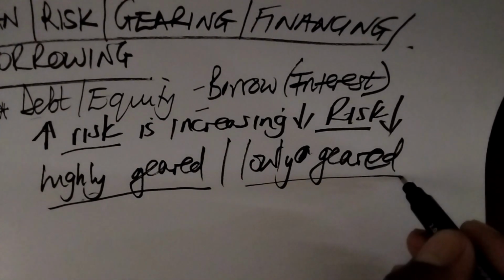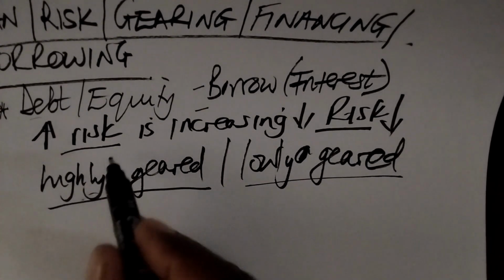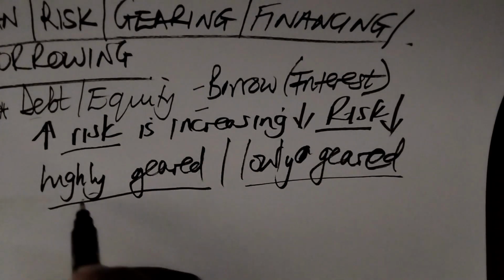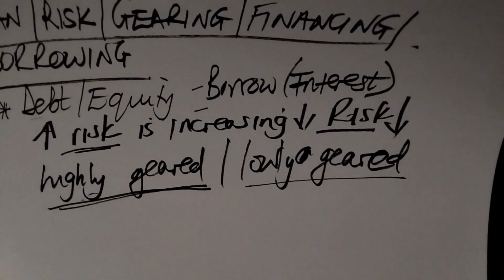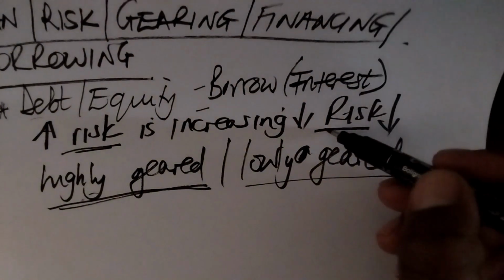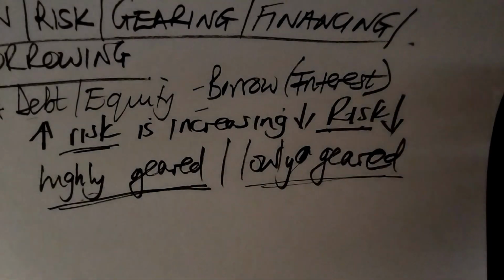If a business is lowly geared, we're saying the majority of the assets that the business has are bought using own capital. So the more borrowed capital you use, the more highly geared you become, and the higher the risk. If you use less borrowed capital, the less the risk, and it also means the business is lowly geared.